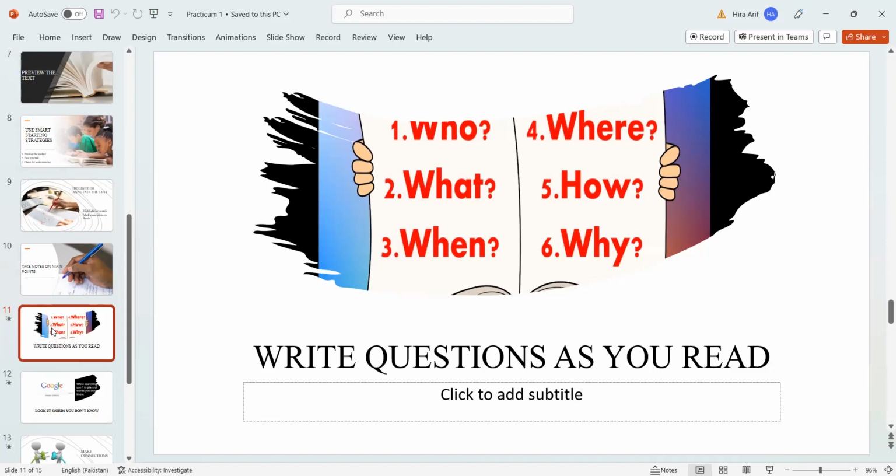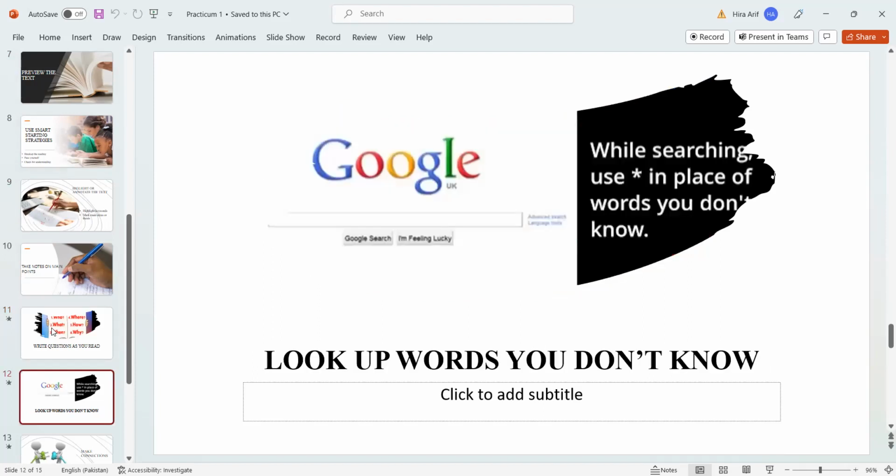Note all questions as you read. And look up words you don't know. Search on Google, use a dictionary, a digital dictionary or any dictionary, and understand the meaning of the words, which will also help you enhance your vocabulary.